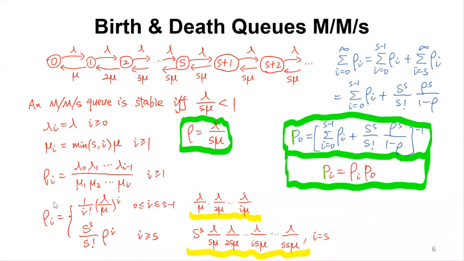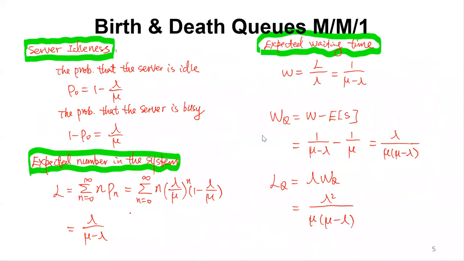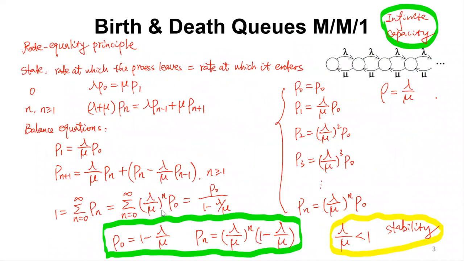Now, we need to calculate the summation of rho I, because P0 equals 1 over the summation of rho I. Okay, this is rho.